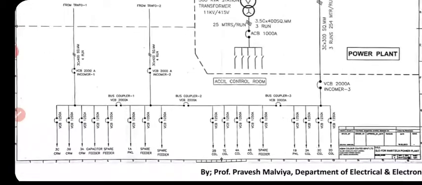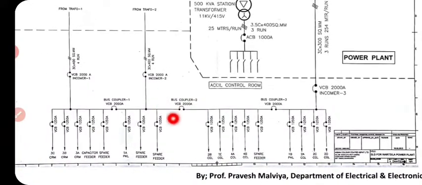Now to close this circuit breaker, bus coupler panel to VCB 2000 ampere, we need to face a challenge, and the challenge is synchronization between the state supply and our power plant. So what are those challenges? While we synchronize these two systems, we need to satisfy a few parameters.